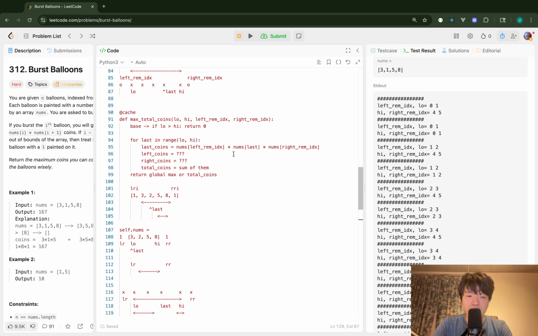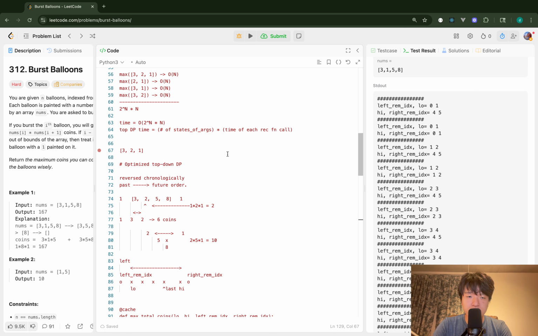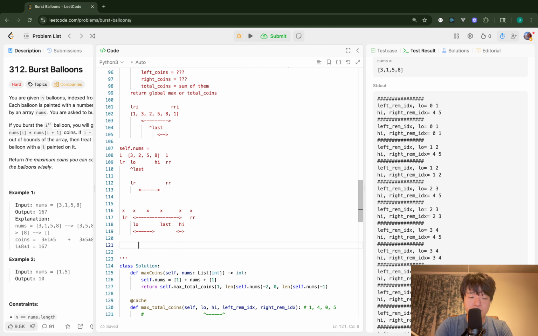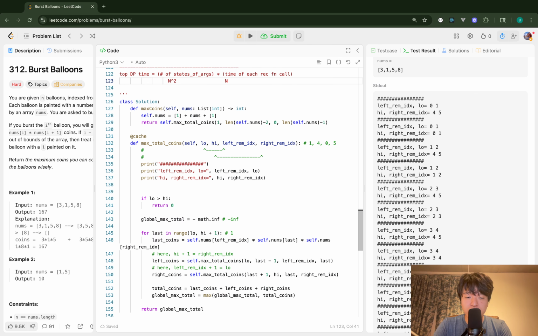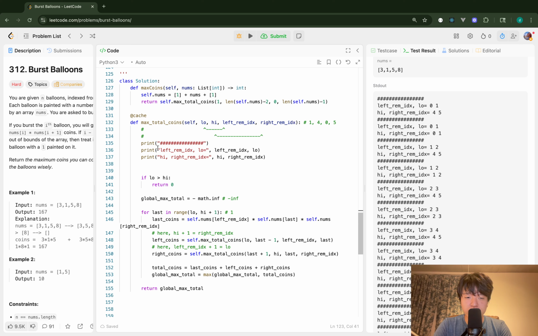So when I look back to this, this should now be n squared, and this should be O of n, because when I took a look at this function, in line 145, there is a for loop of n steps at max.